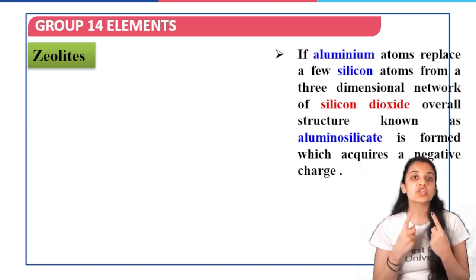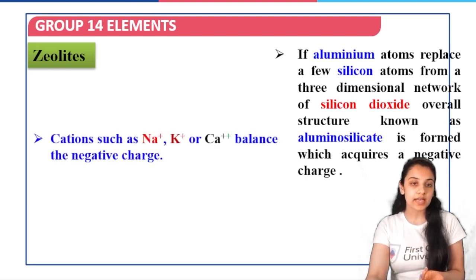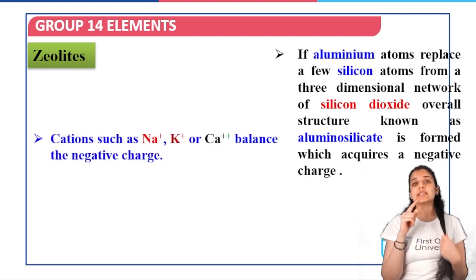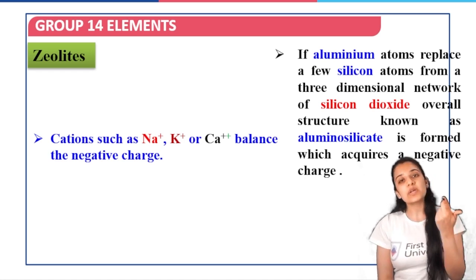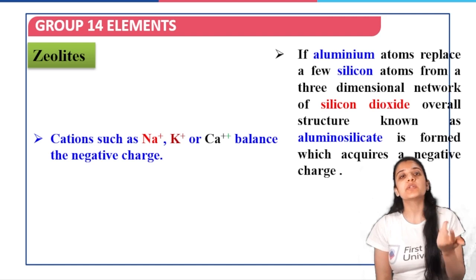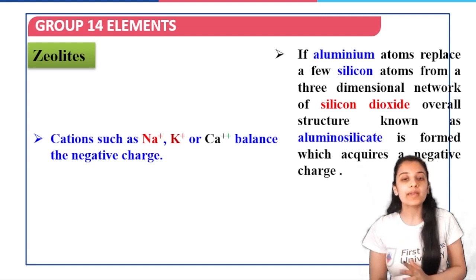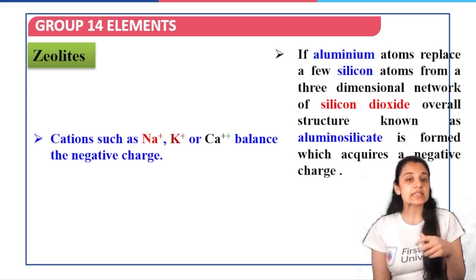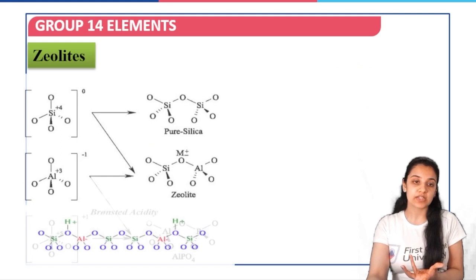The overall structure is known as aluminosilicate, which acquires a negative charge, because silicon is 4 plus and aluminum is 3 plus. So one positive charge is left unbalanced, giving one overall negative charge. Cations such as Na plus, K plus or Ca 2 plus balance this negative charge.